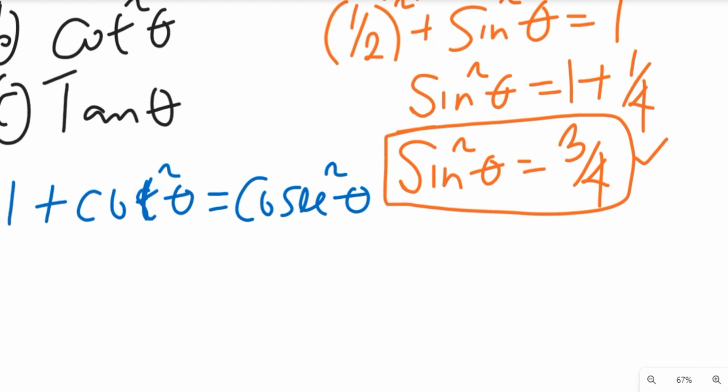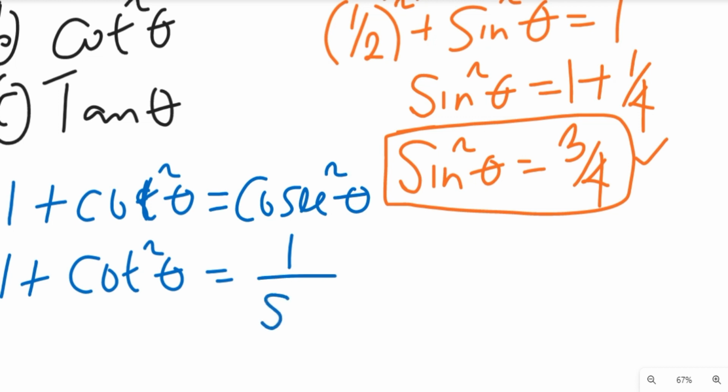You know that cosec is the inverse of sine. So we'll have 1 plus cot square theta equal to 1 divided by sine square theta.